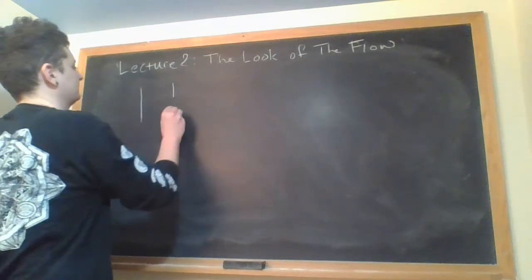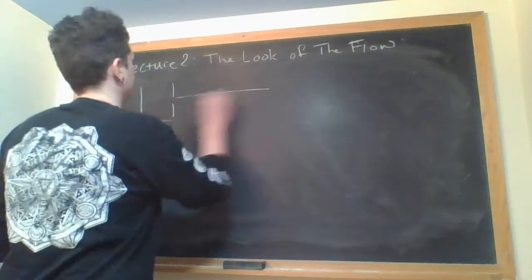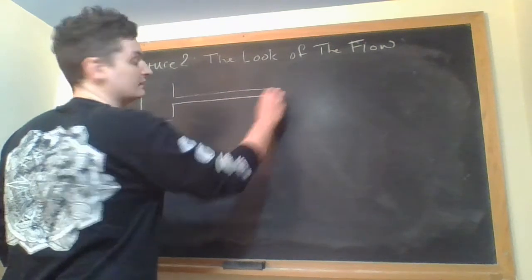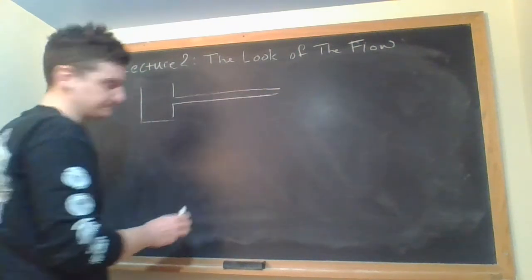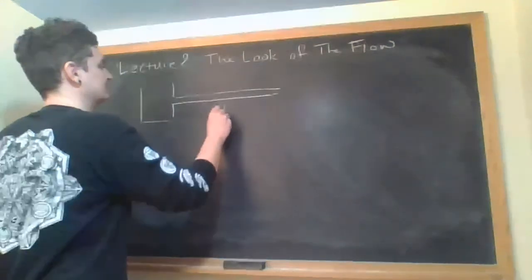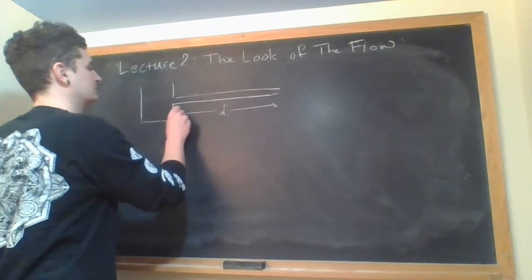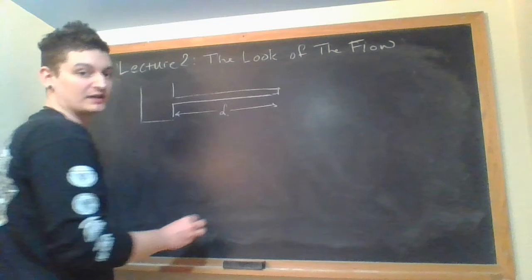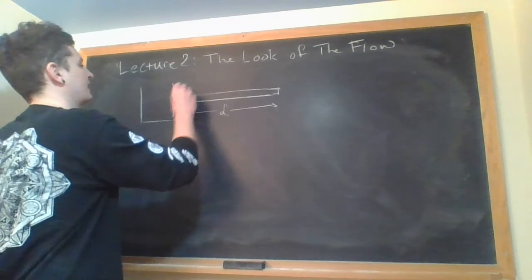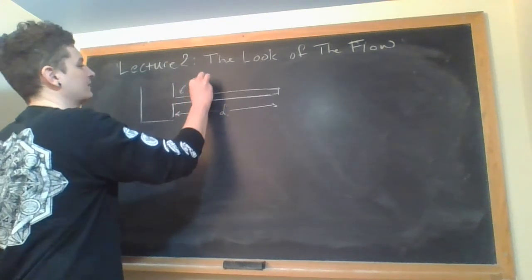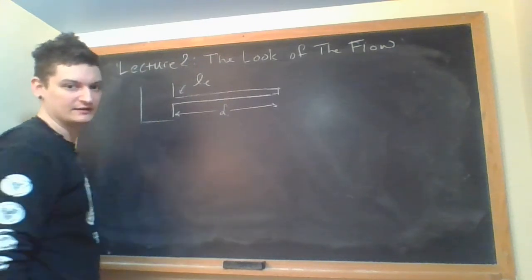If I have some sort of system like this, and let's say it's a really skinny pipe, and this is the length of my pipe system that I have to work with. I know for a fact, since there's an entrance point, that there is an entrance length that I need to calculate.